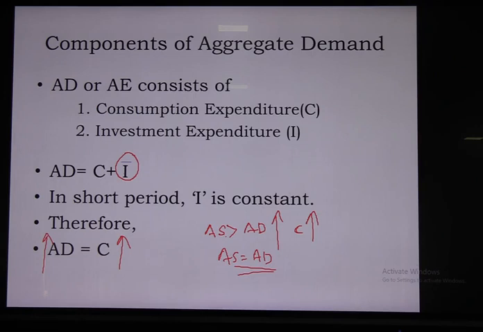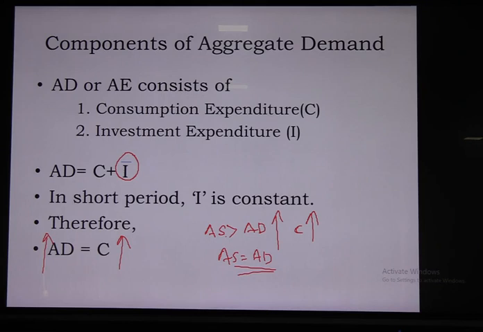Whatever income you receive from the market should be completely used for consumption. Not even a single rupee should be kept for savings. All income should be used for consumption. Then only India becomes a developed country. But people are not ready to spend all their income.